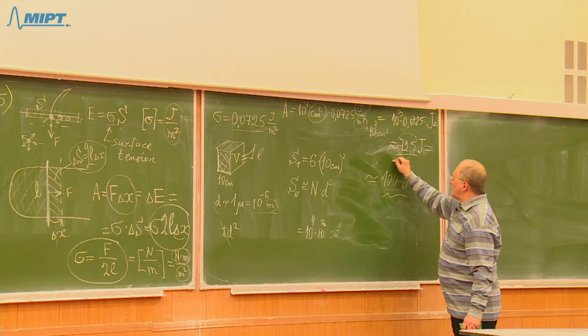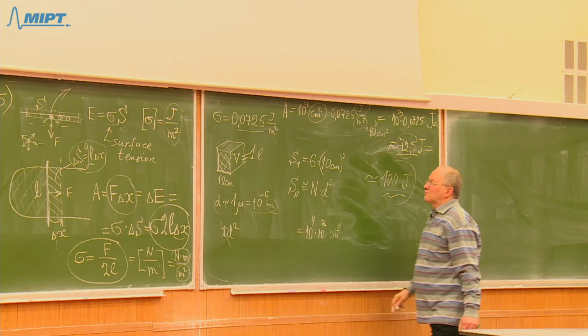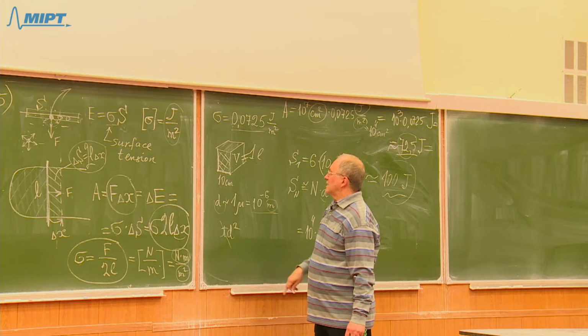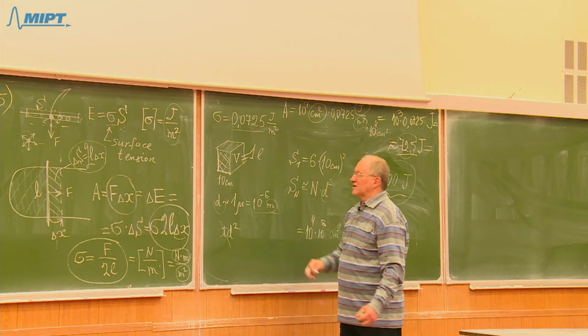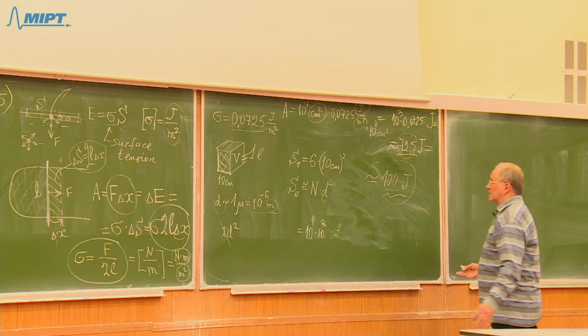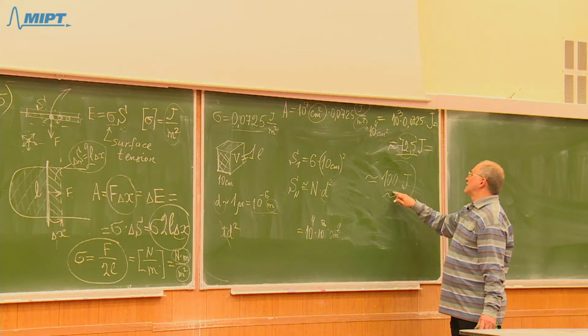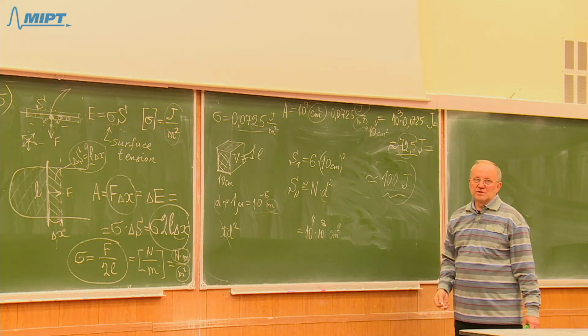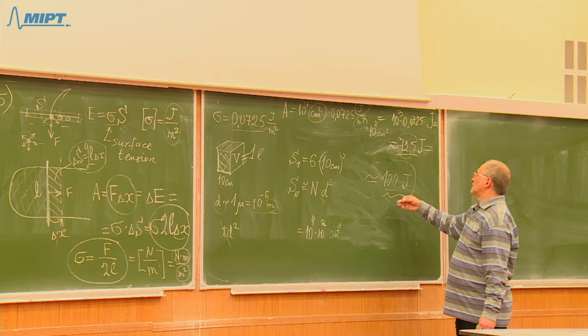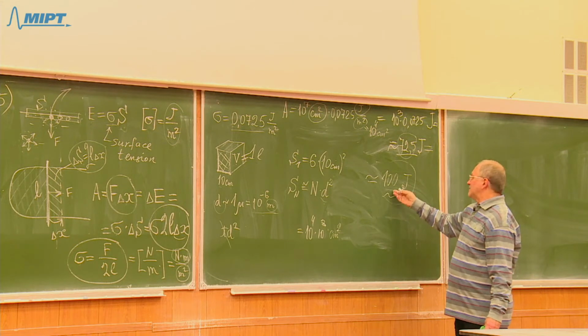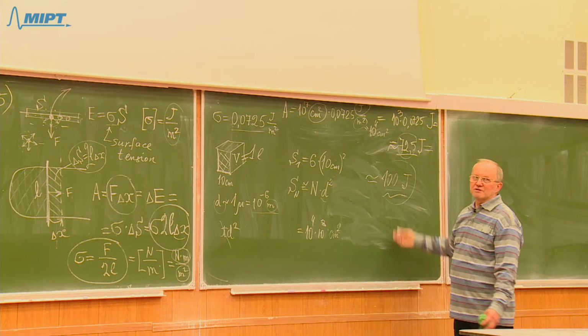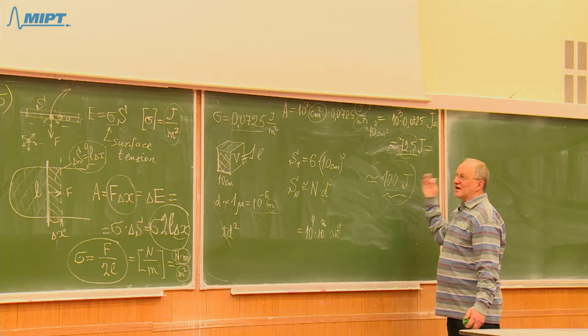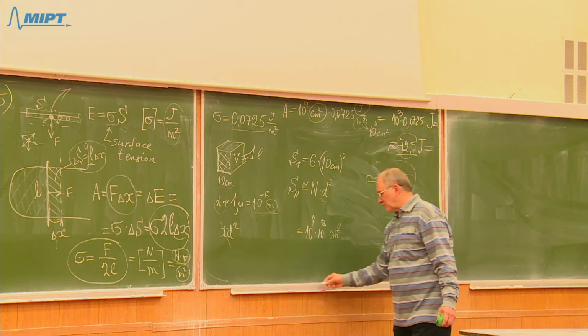We have to spend about 100 joules to spray 1 liter of water into small droplets of 1 micron diameter each, approximately. So what does it mean when I say approximately 100? It means that it may be approximately 90 or 70 or 80 or maybe 110, 125. By the order of magnitude, all these figures are the same.